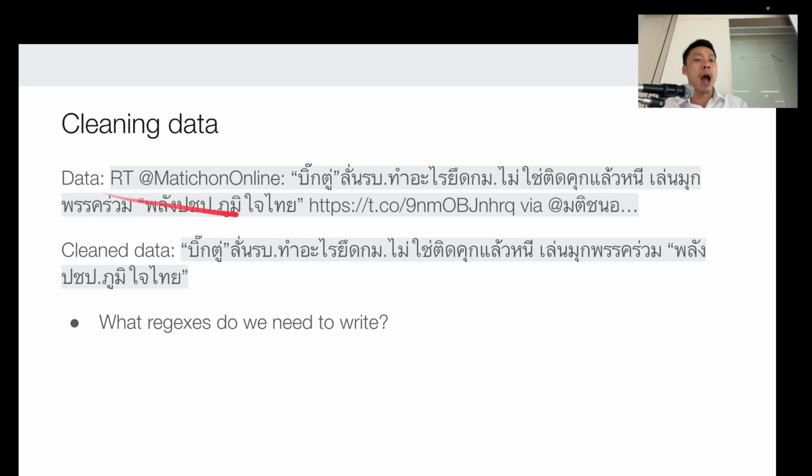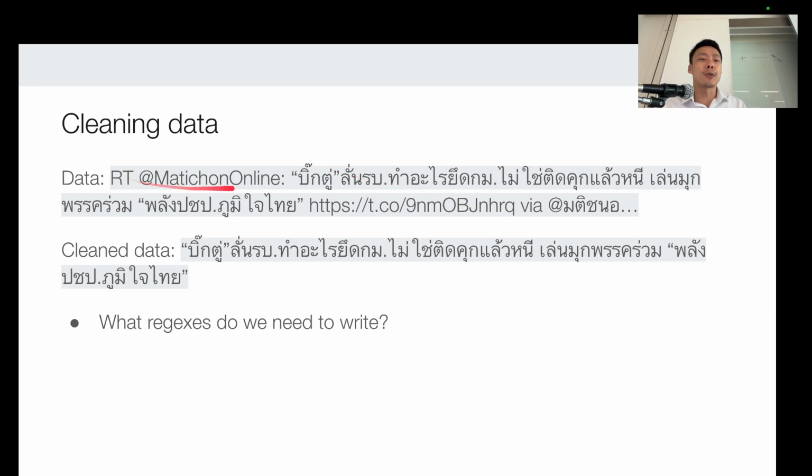So this part should be out. And this part should be out as well, the URL, okay? And also the handle at the end, via and the handle at the end. So write 2 regexes or 3, up to you.